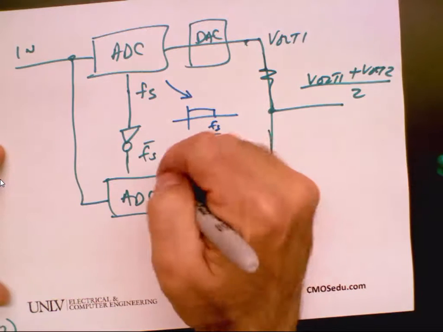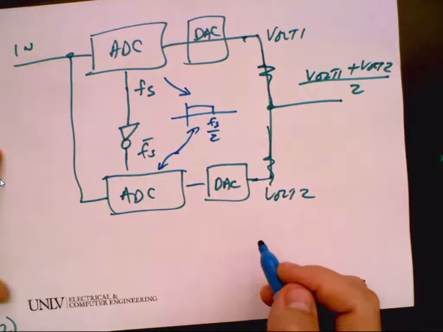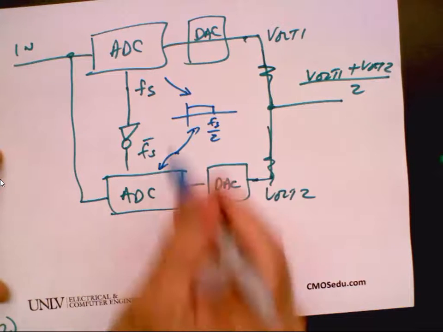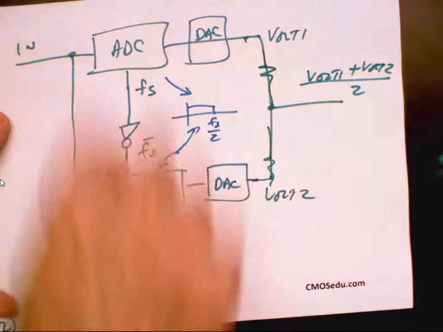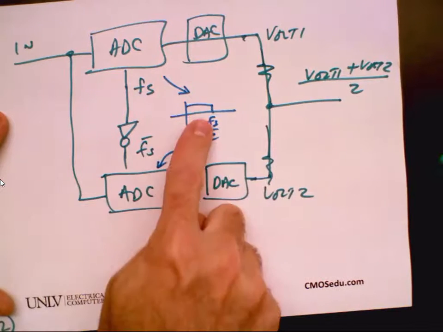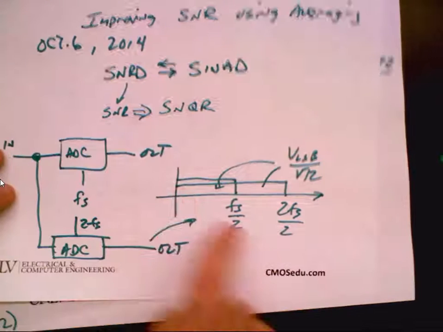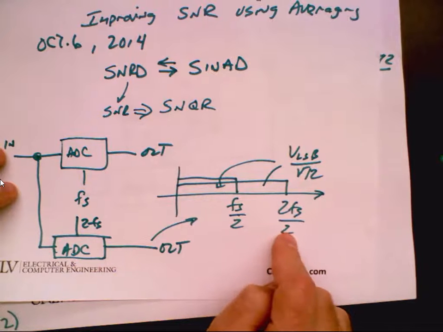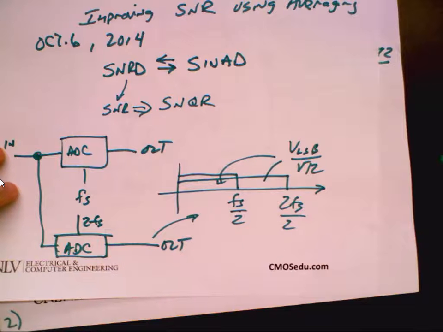This one has a spectrum which looks like the same thing. But I know if I put these two together that I'm going to get less quantization noise. I'm going to get an ADC that samples at 2f sub s, but isn't the spectrum going to be changed then? How can it be stretched out here to 2f sub s over 2, or Nyquist frequency? What's going on there? Does everybody understand the problem?